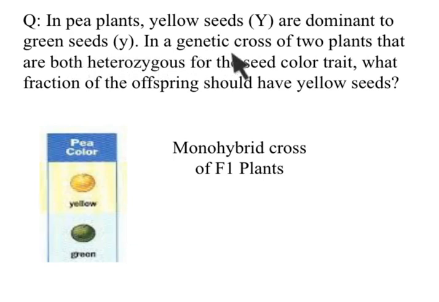If we had a genetic cross of two plants that were both heterozygous for the seed color trait, we can follow steps to find the fraction of the offspring that would express yellow seeds. This is known as a monohybrid cross, which is a single factor cross, looking at one trait being passed along into the next generation.